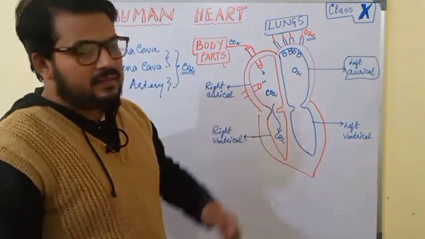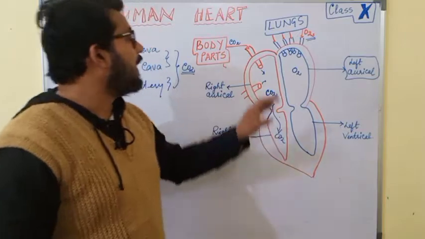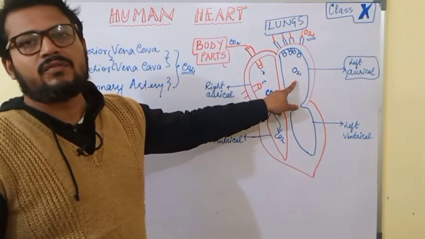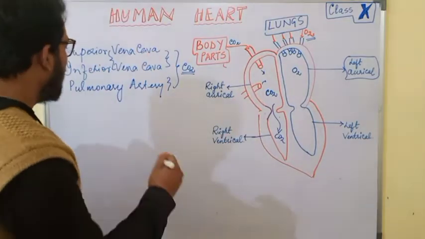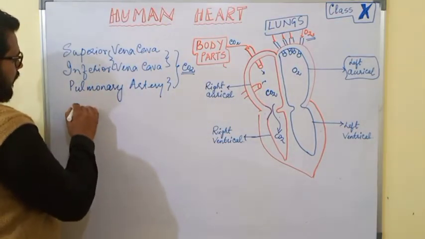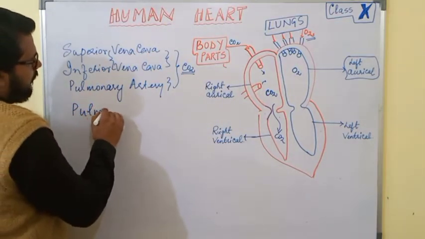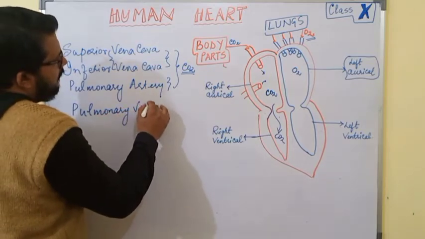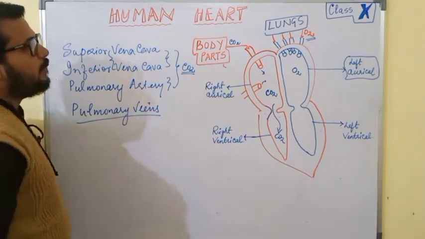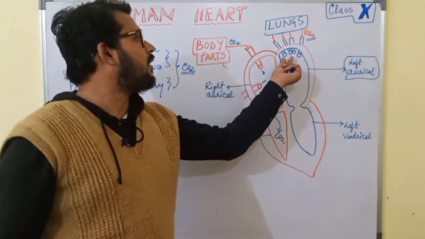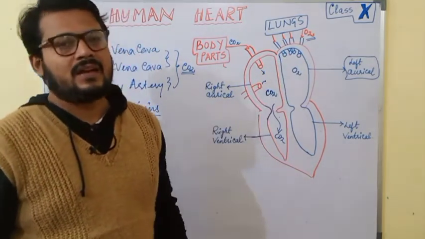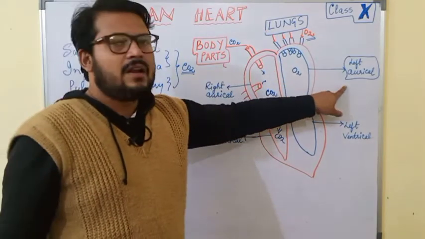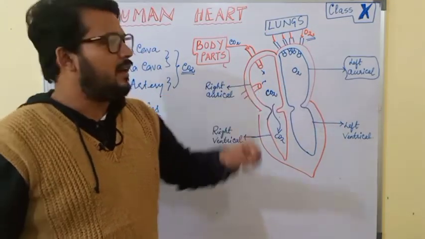And the blood vessel that is responsible for bringing the oxygenated blood from the lungs to the left auricle is the pulmonary vein. Pulmonary veins, right? Two from each lung. One set of veins is coming from each lung and they are going to pour the oxygenated blood into the left auricle of our heart.